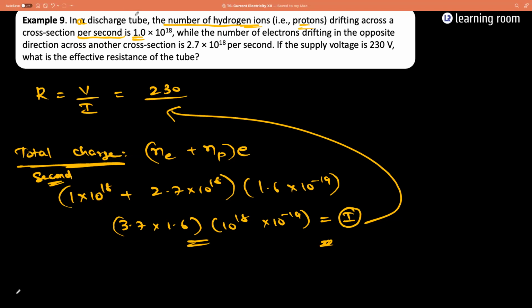But here, it is a discharge tube. Inside the discharge tube, protons are also contributing to the current and electrons are also contributing to the current. So here you need to take both into consideration. When you should not take it? When we are talking about an atom. Got it?